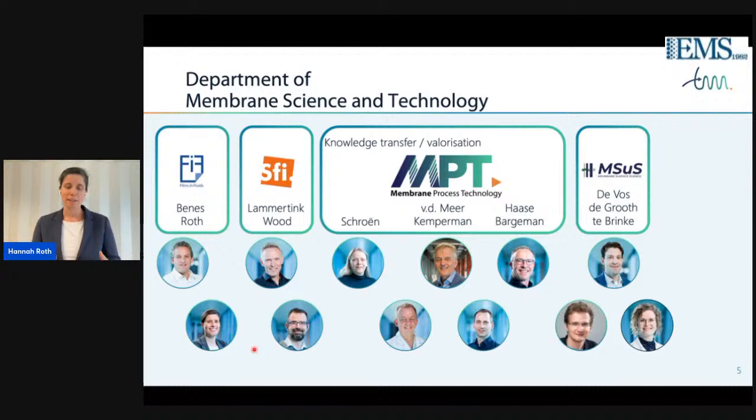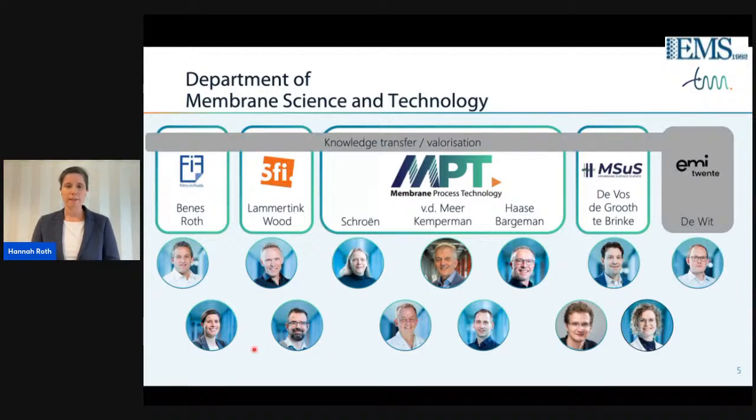And we have even an additional add-on, which is the spin-off company EMI Twente, that is actually located at the University of Twente with us, who work on using the knowledge to transfer it into actual products together with industry.